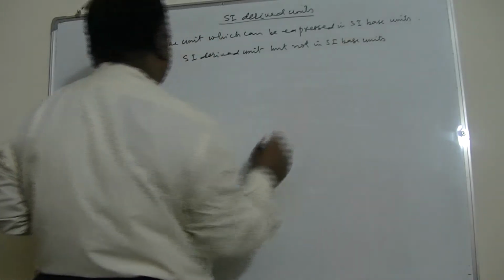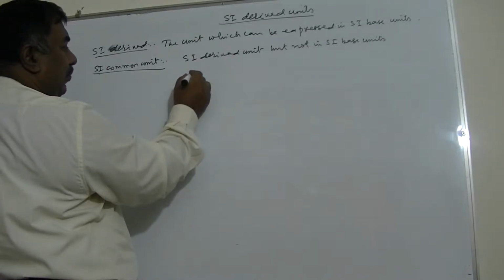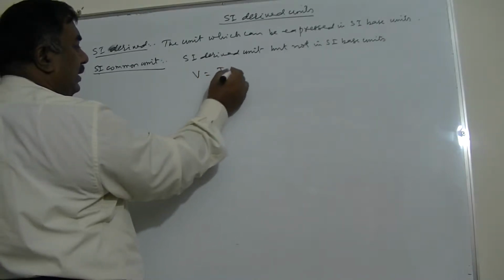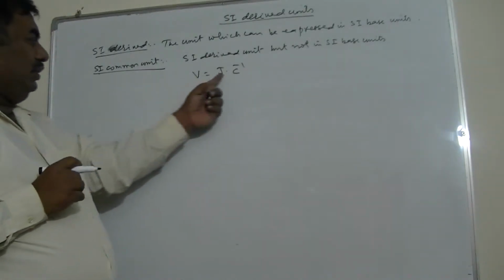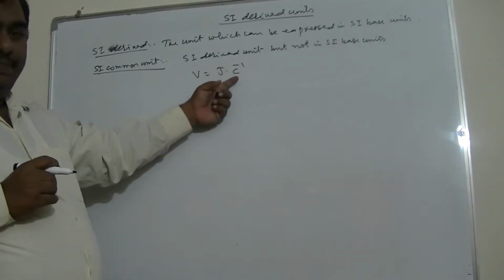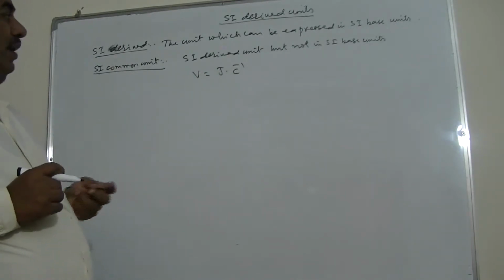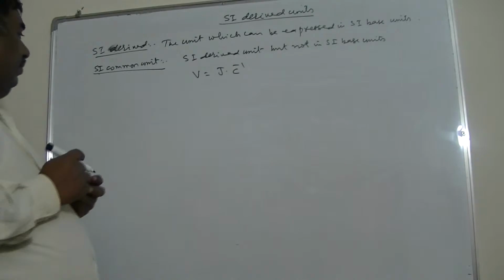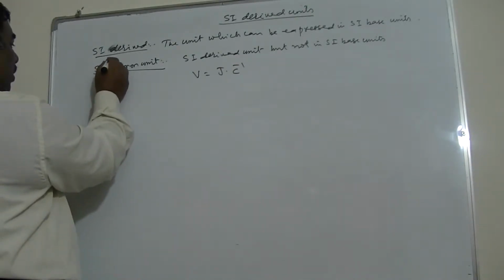For example, if I define the volt, the SI common unit is joule per coulomb. Volt is joule per coulomb. It's not in SI base units, but this is the common unit for the volt. So this is also an SI derived common unit.